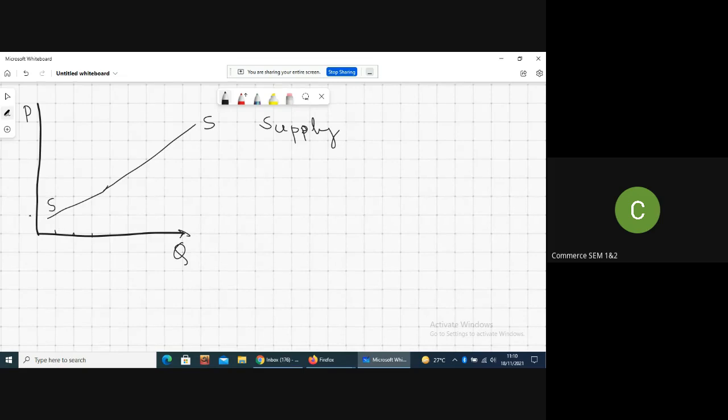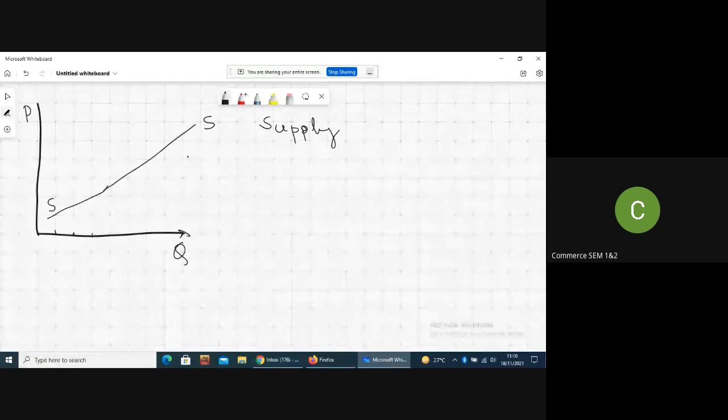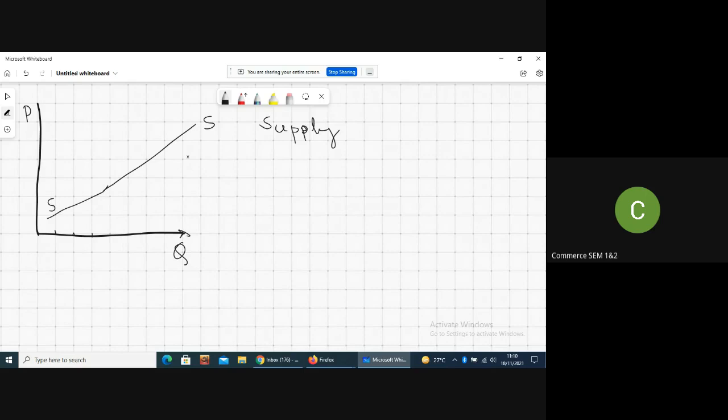Instead of a downward sloping curve, a supply curve will be upward sloping. That means there is a positive relationship between price and quantity. If the price of a commodity increases, the sellers will want to sell more of the commodity.